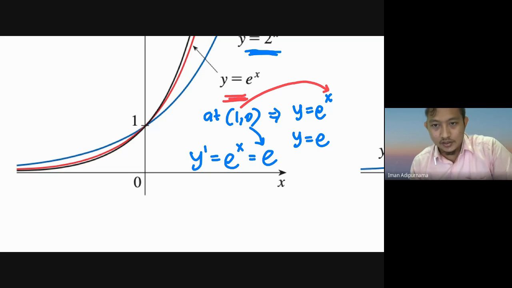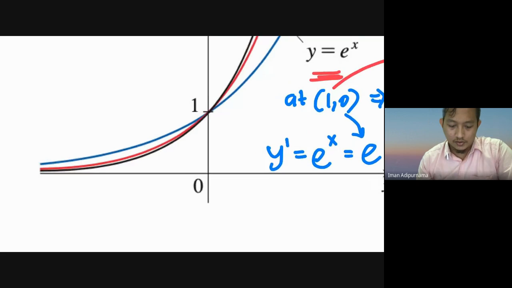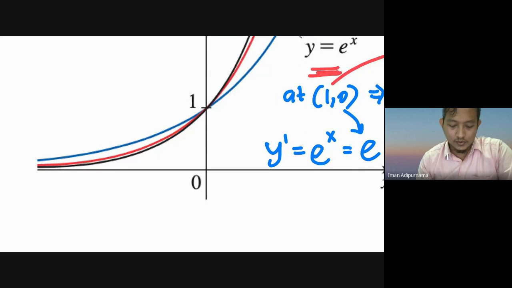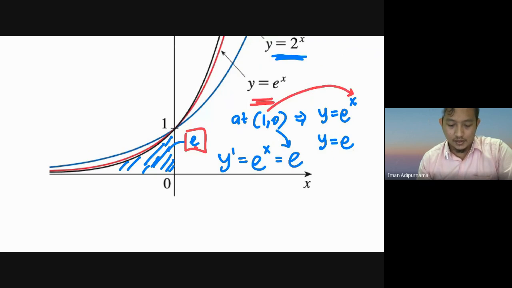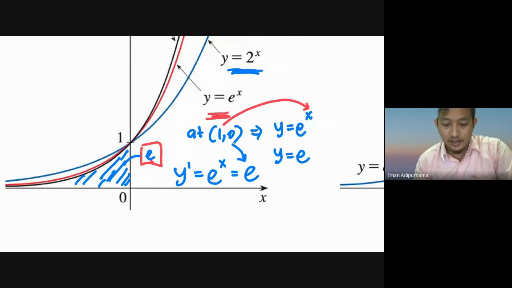So the tangent and the original are the same. So this is actually e. I think that's interesting.